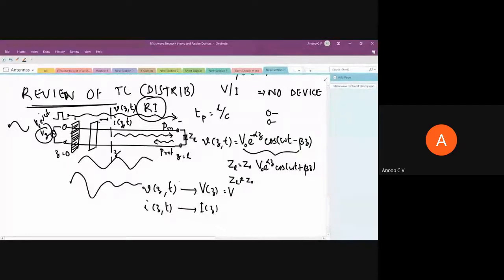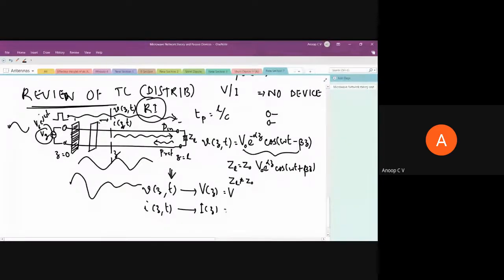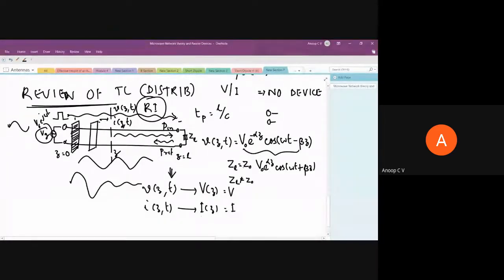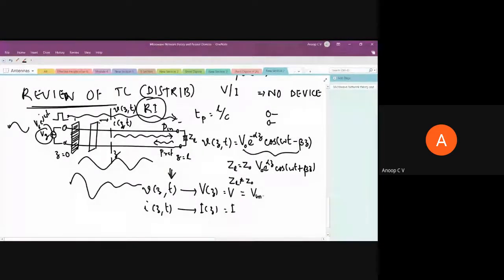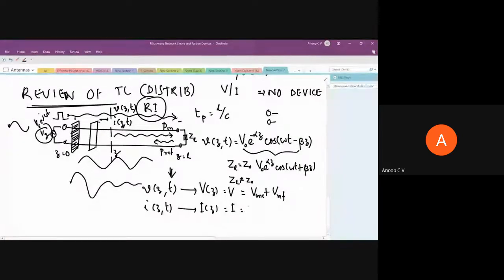So I've suppressed the time dependence by converting into the phasor domain. This V and I will have the incident voltage plus the reflected voltage, and similarly the current also, I incident plus I reflected.